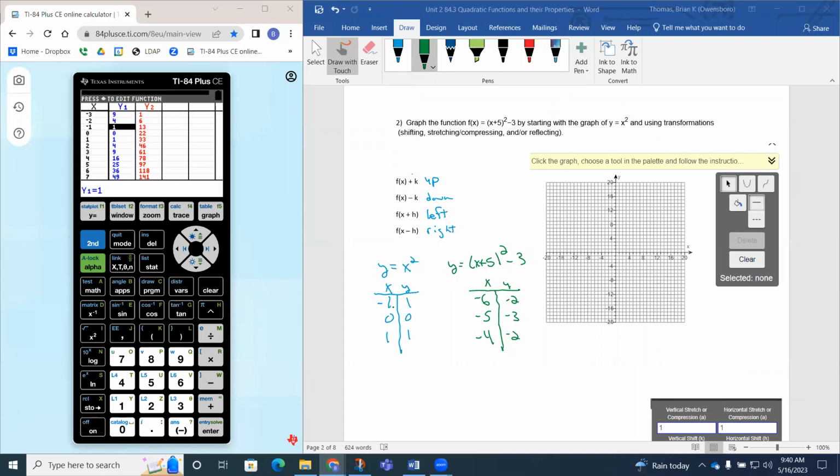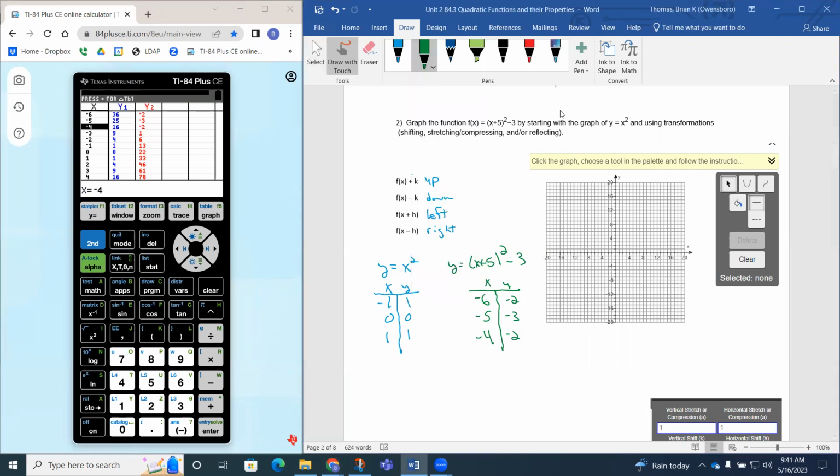I forgot that if we want to compare our table, we have to look and see if -6, -2 existed. So if I look at my table over here, I've got to go back to the x column. Notice that -6, -2 does exist on this graph here. And notice that -5, -3 does exist, and that -4, -2 exists. So those are the 3 critical points that we end up with in the table. So I've got to remember that we did change the x's and the y's this time.